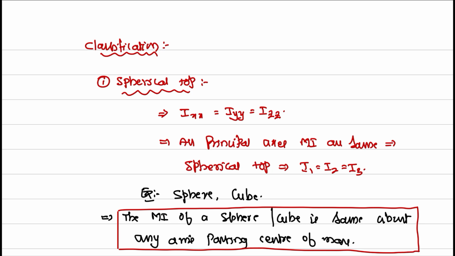Let the axis be different, but when it is passing through the center of mass, then for a sphere or cube which is symmetric, and when Ixx, Iyy and Izz, or I1, I2, I3 are same, the moment of inertia about any axis passing through center of mass is same.